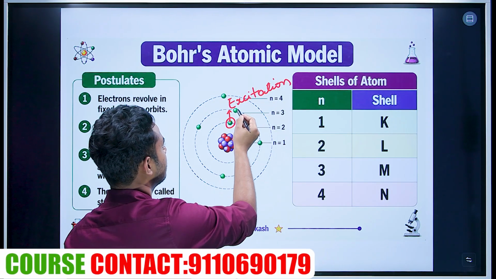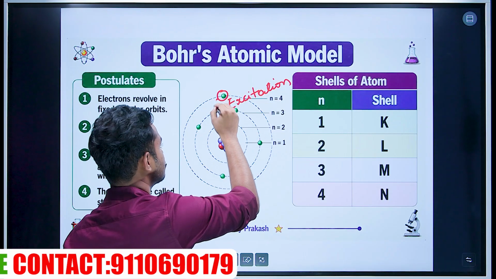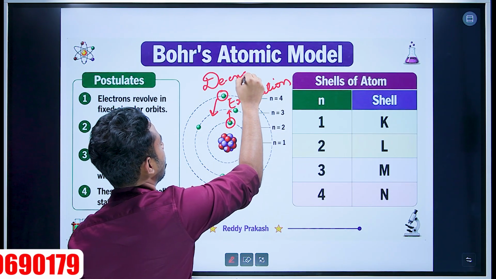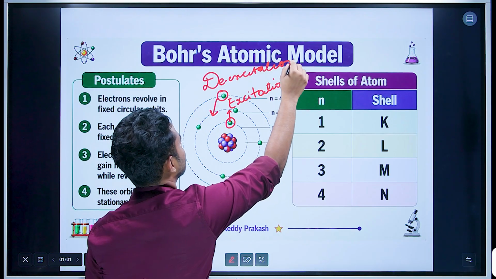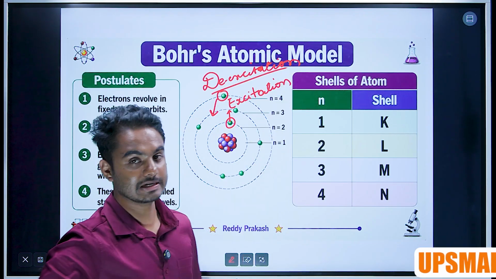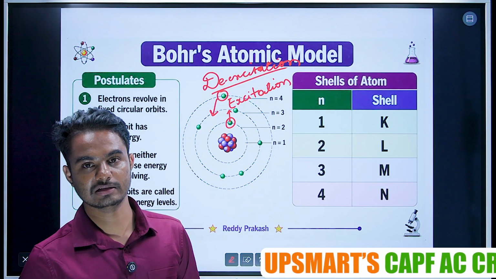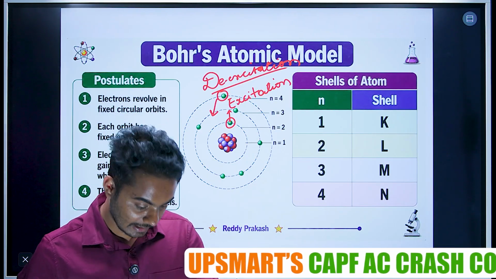When the electron has to move to a lower level, it is de-excitation. Now you understood the concept of excitation and de-excitation, which we will discuss again.